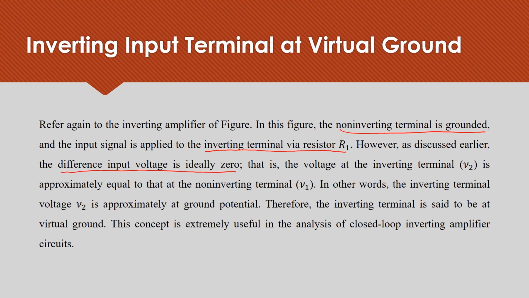That is, the voltage at the inverting terminal V2 is approximately equal to that of the non-inverting terminal V1. In other words, the inverting terminal V2 is approximately at ground potential because V1 is connected to ground. Therefore, the inverting terminal is said to be at virtual ground. This concept is extremely useful for analysis of the closed loop inverting amplifier circuit.